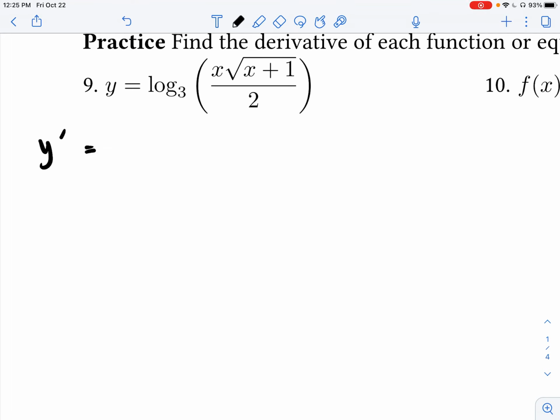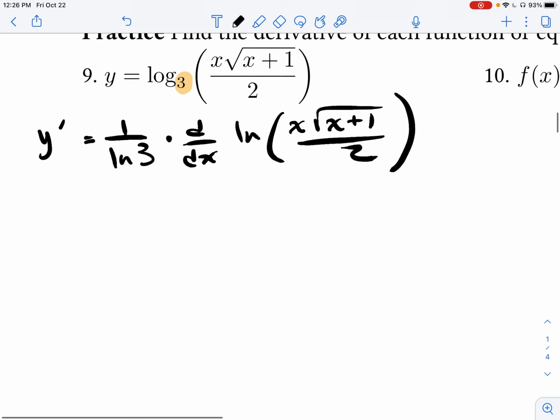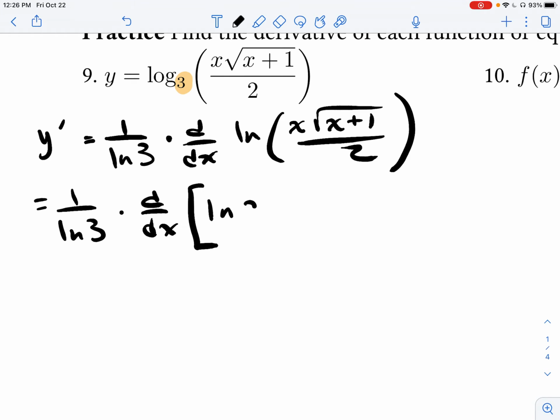We're going to write this as 1 over the natural log of our base, the natural log of 3, times the derivative of the natural log of our same argument. Now that we've set this up, this is equivalent to 1 over the natural log of 3 times the derivative, and I'm going to expand this using our logarithmic properties.